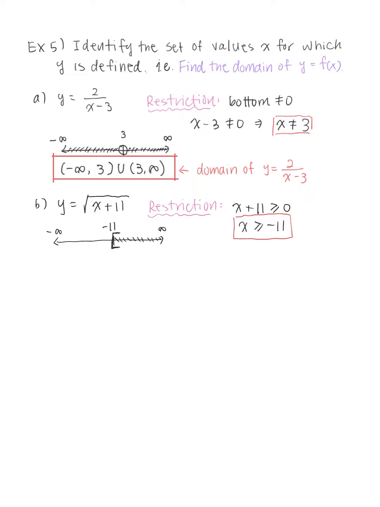All right, let's translate it directly below. So what's our interval notation? It's going to be negative 11 closed, and then infinity open. The infinity side needs to be open all the time, and also for negative infinity. But anyway, here's our answer.